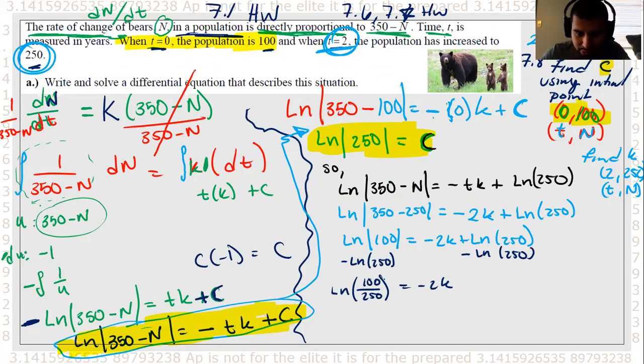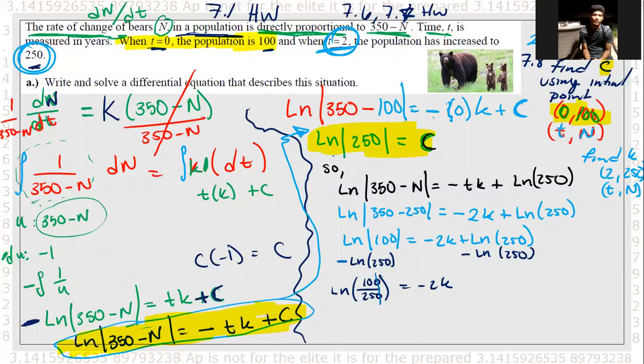The little zero trick. What part did I lose, Albert? You divide 100 and 250? Yeah, subtraction of logs is division. That's a rule in exponentials. I mean, sorry, logarithms.